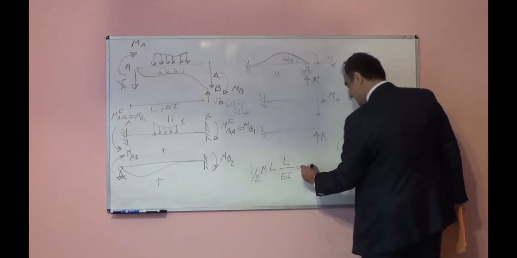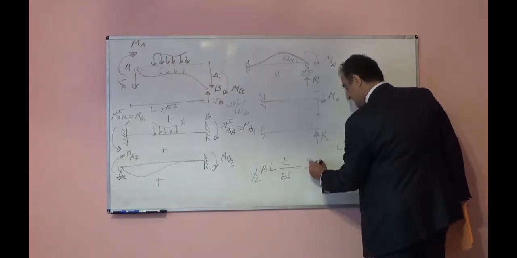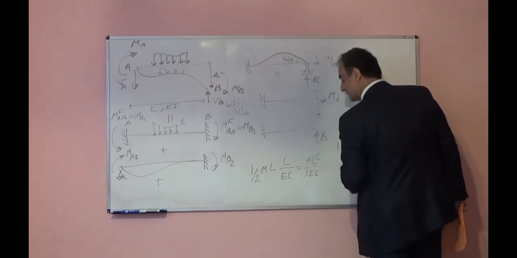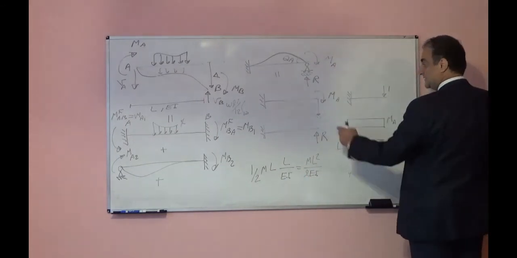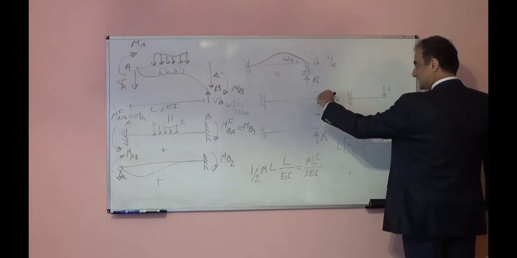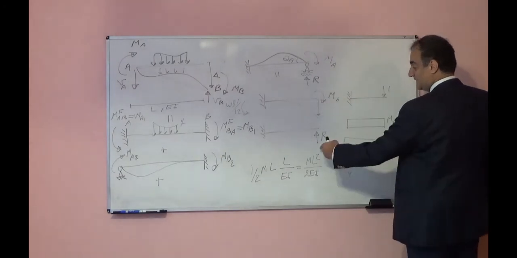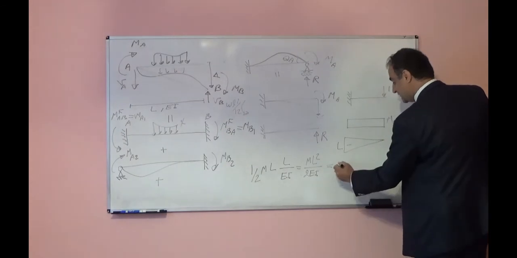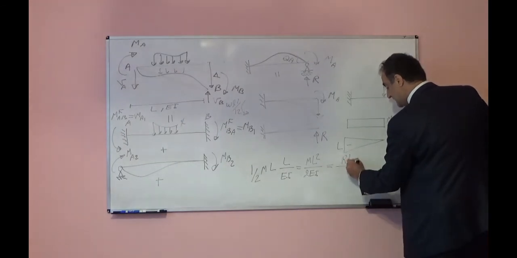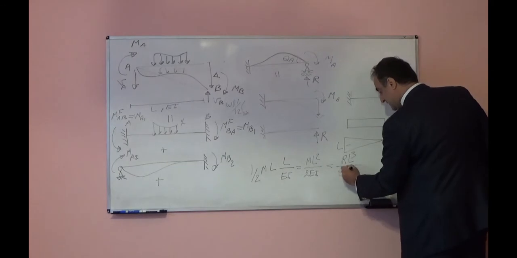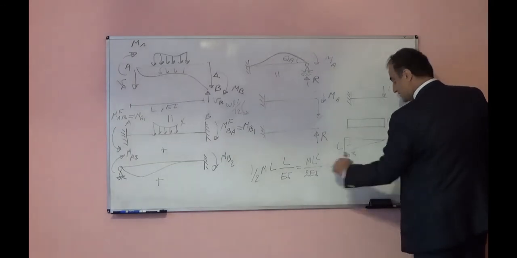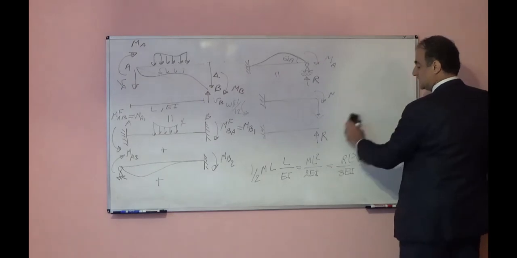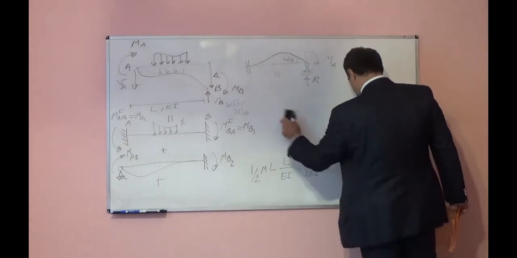So it will be M L squared over 2EI. This is the deflection because of this bending moment. How about deflection because of the load? Deflection because of the load will be R L cubed over 3EI. Those deflections should be equal, so I will set them equal.